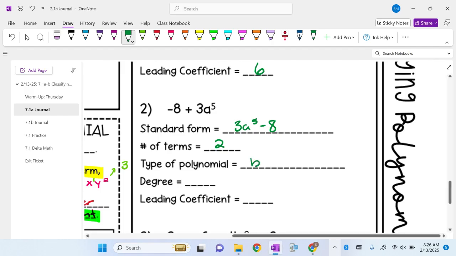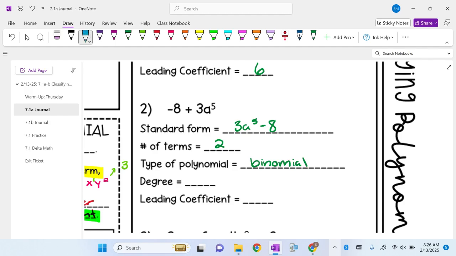It's a binomial. 2 terms, binomial. What's our degree? It's 5. That's our highest exponent. So if our degree is 5, what's the leading coefficient? 3. Not too hard, right?